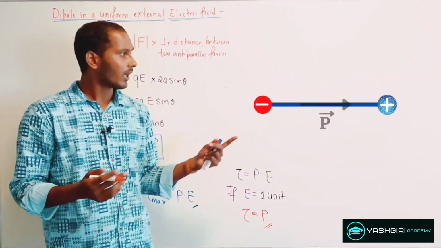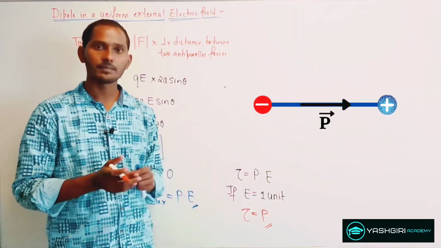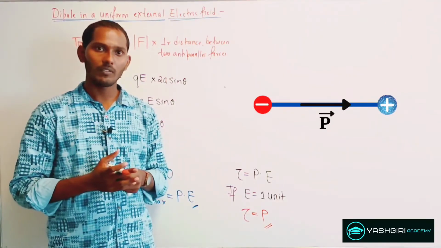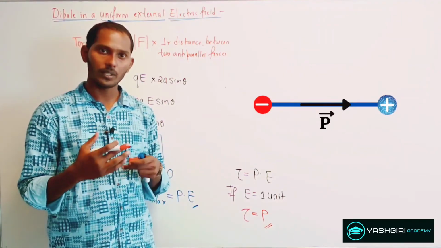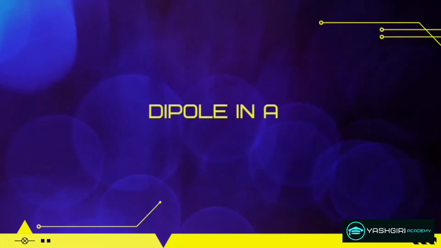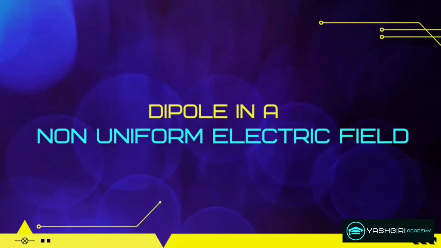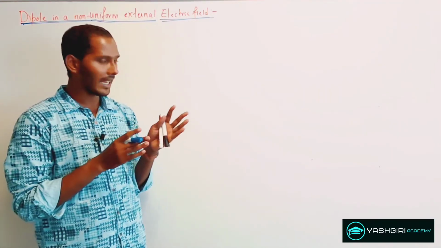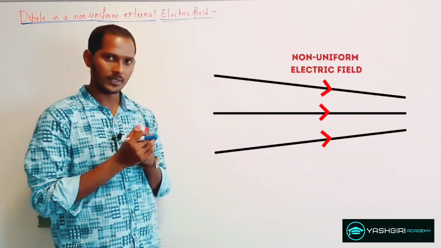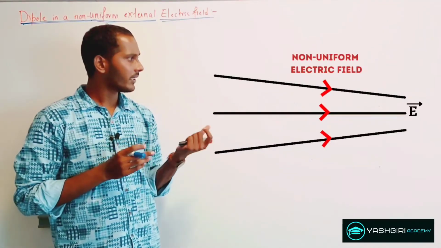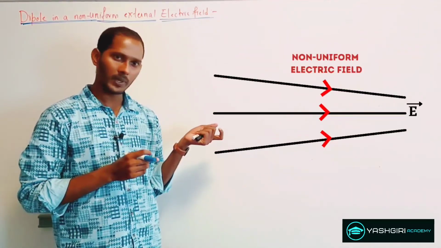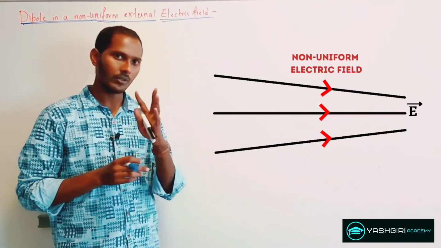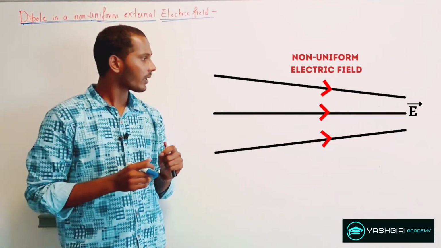Now let's see what happens to this electric dipole when we place it in a non-uniform electric field. If you have a non-uniform external electric field, something like this, and if you see the field lines, they are not equally spaced. That's the sign of a non-uniform electric field.